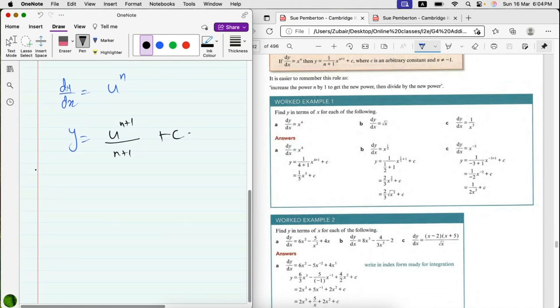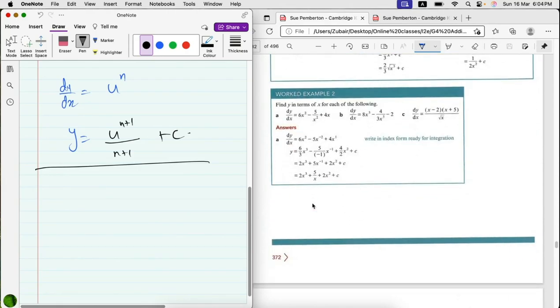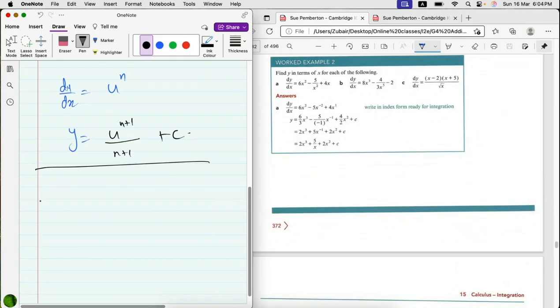So we'll do it step by step. Basically, it's the reverse. You add 1 to the power and then divide with the power. Exact opposite.